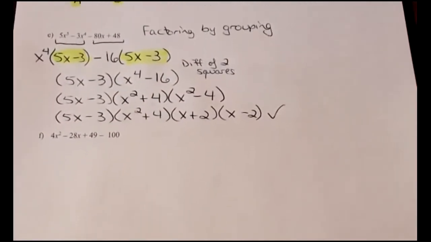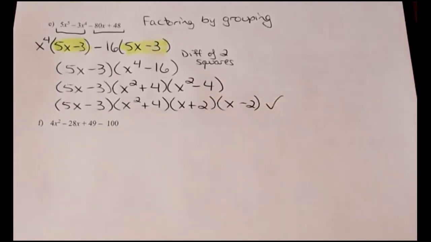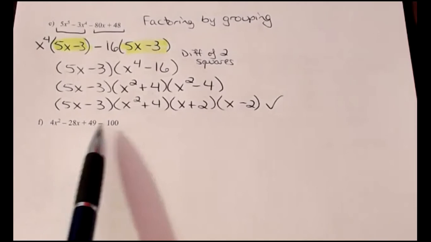Last one before I check in, and that is part F. So we do have another 4-term polynomial, and we might say, hey, let's just do factoring by grouping, but there's a couple things going on. Do you see here how these are like terms? That's odd.